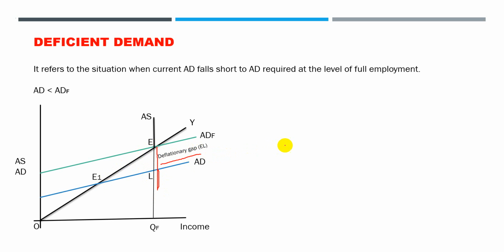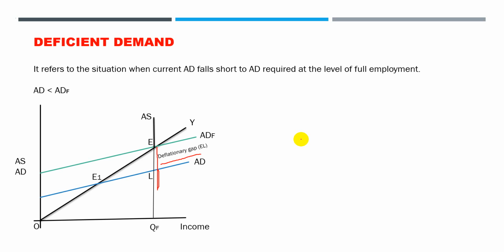Let us find out the reasons for deficient demand. Decrease in total supply of money in the country, either because of decrease in supply of currency by the government or because of reduction in credit creation by the commercial banks. Next, reduction in public expenditure or government purchases of goods and services.